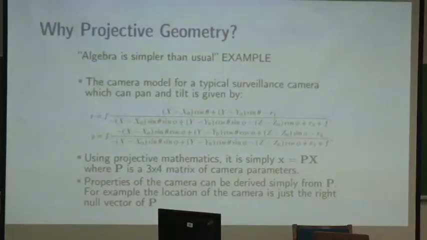We'll do a linear algebra tutorial tomorrow, where I'll go over some of the crucial linear algebra concepts that are needed for this course. But a null vector is just a property of this matrix. It's mechanical to compute it. And the location of the camera in the 3D world coordinate system is just the null vector of this matrix P. Okay, so things become simple like that. Simple operations on these linear equations can be done.